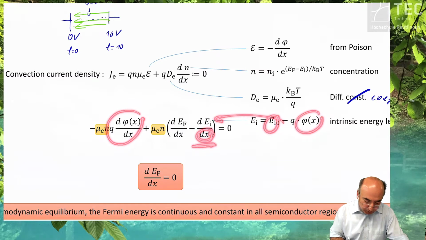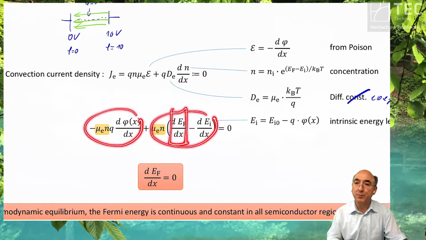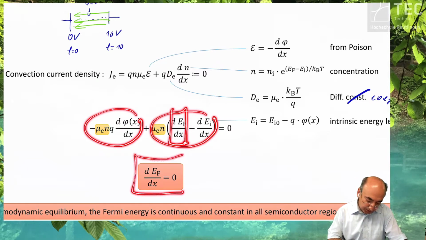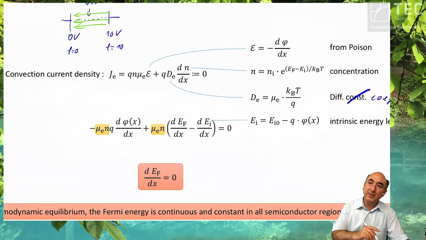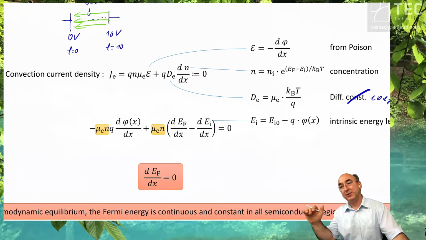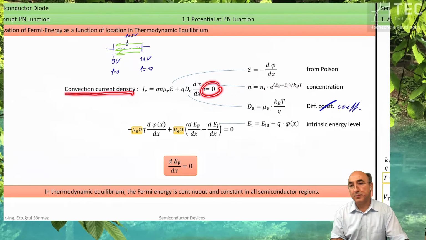So you have here and here exactly the same stuff except this additional term. And this additional expression needs to be 0 if your convection current density is 0. So mathematically, it turns out that the Fermi level needs to be constant if your convection current is 0. This is a mathematical precondition.